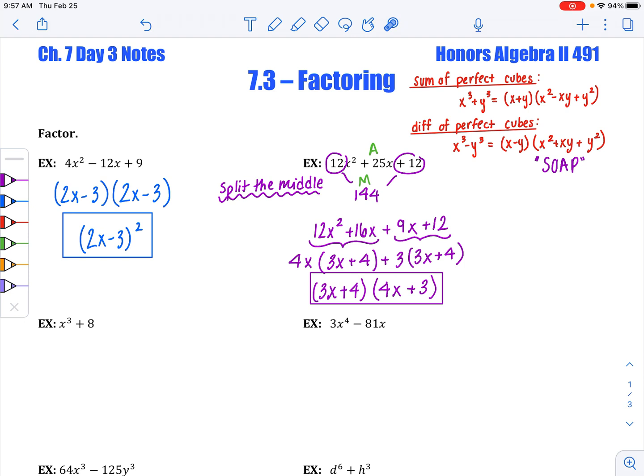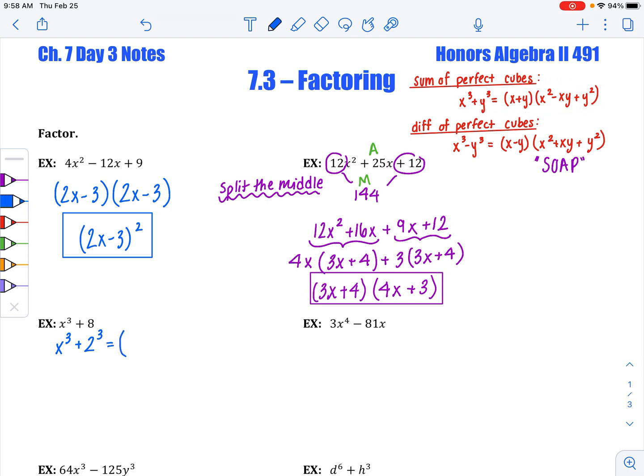Okay, example 3 is our first sum of perfect cubes. Notice it's a sum because of addition, and it's a cube because x is cubed and 8 is a perfect cube. So maybe I'll rewrite it as x cubed plus 2 cubed, so I can really see what is my x, what is my y, and I'm just going to plug it into this formula.